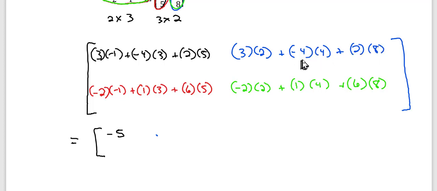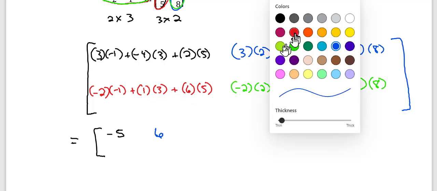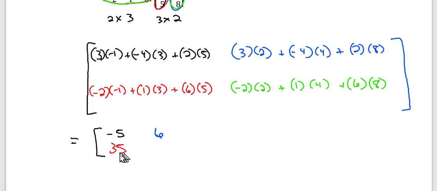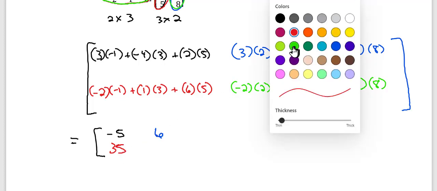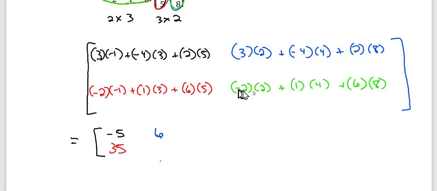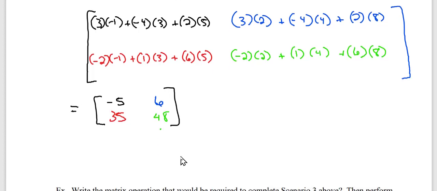Oh wait, plus 6, minus 16 plus 16, so that's just going to give me 6. 2 plus 3 is 5, plus 30 will give me 35. And last one, -4 plus 4 is 0, plus 48. And that is our answer to how we multiply these two matrices, that 2 by 2 result.